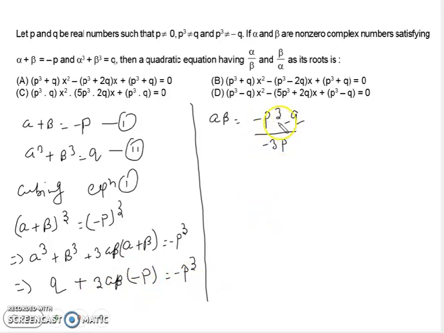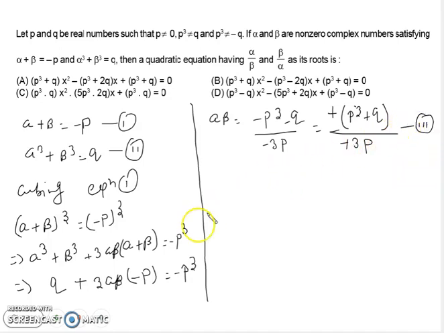When we take the minus as common and cancel the sign, we get p cube plus q divided by 3p, right? Okay, are you getting my points? So this is equation third, guys, you can consider.